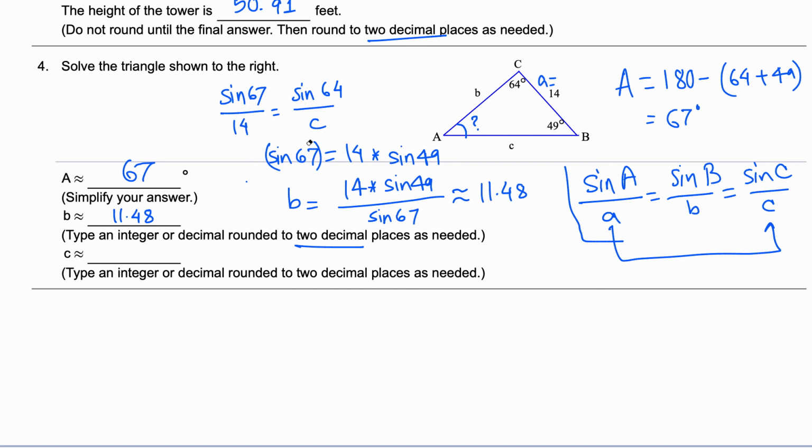So C times sine 67 equals 14 times sine 64. So C equals, then we divide by sine 67, 14 times sine 64 divided by sine 67. Use your calculator and it comes out to be 13.67.